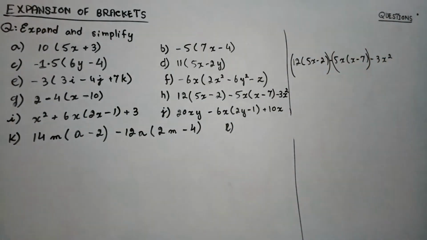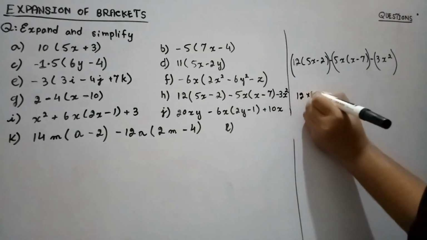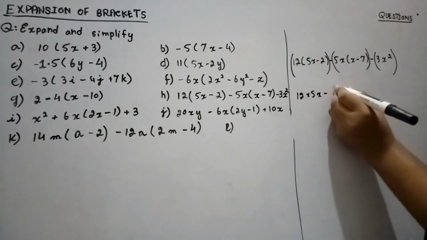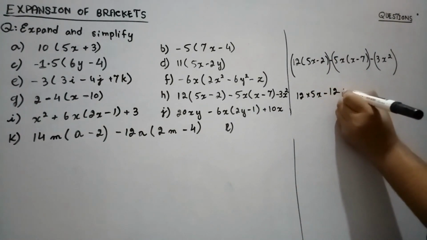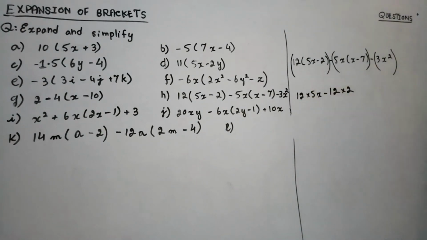This is our second term, because here we also have a negative sign, and this is our third term. Clear? So now here I multiply this 12 by 5x and this negative sign as it is, and this 12 again by 2.